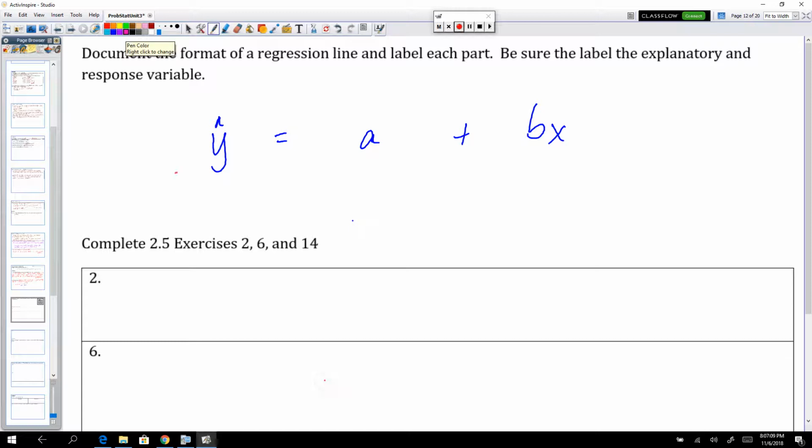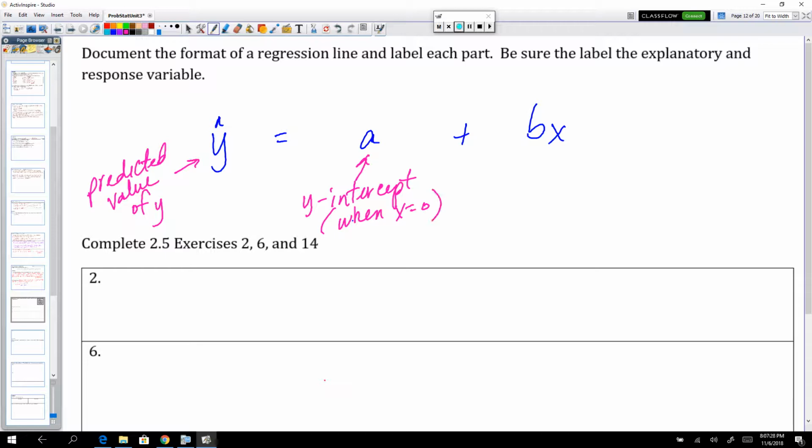Y hat is your predicted value of y, your response variable. A is your y-intercept. That, of course, is when x equals 0. Keep that in mind. When your input is 0, this a value is your y-intercept.